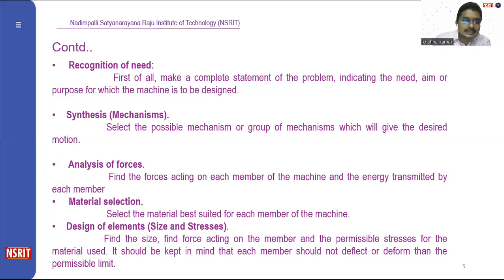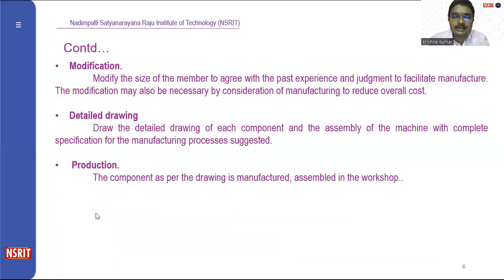Next, designing elements based upon the stresses and the sizes. Here we have to find what type of force is acting on that particular member, and the permissible stresses, nothing but the allowable stresses, for the material that we are using. Every material has some factor of safety limit, so that we can keep the material from going beyond the stress point, right?